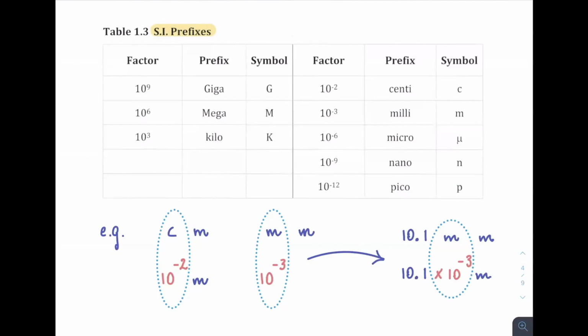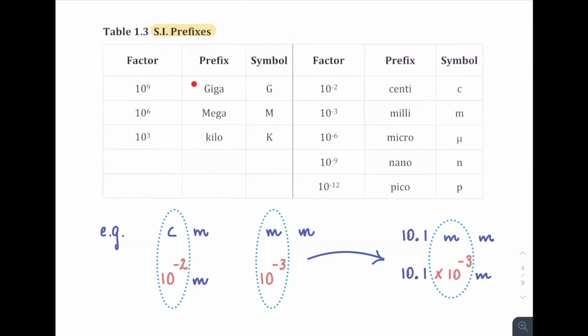SI units are sometimes used in conjunction with a prefix. This table is showing the unit prefixes that you will be using. The left-hand side is showing those prefixes for large numbers.